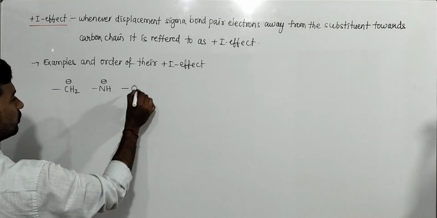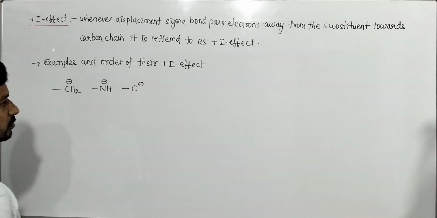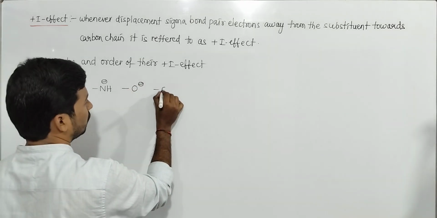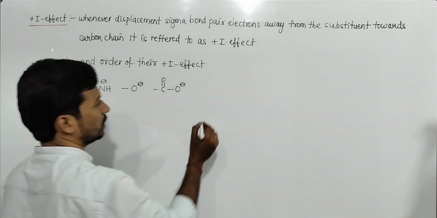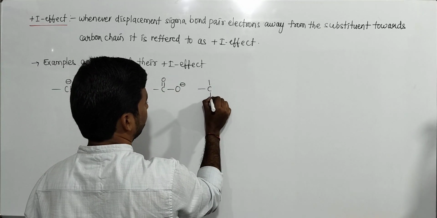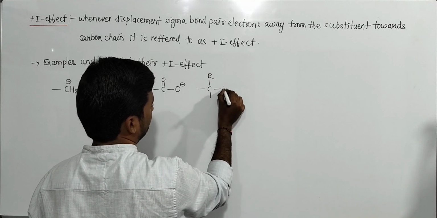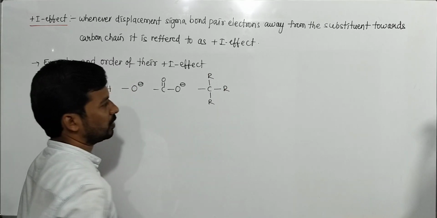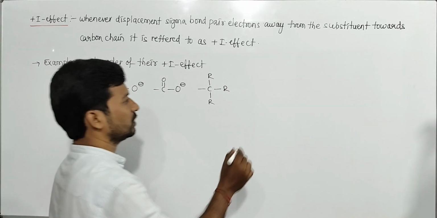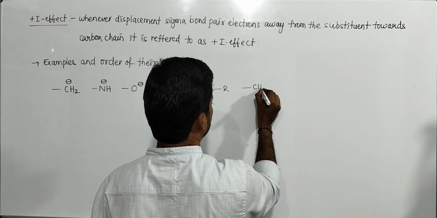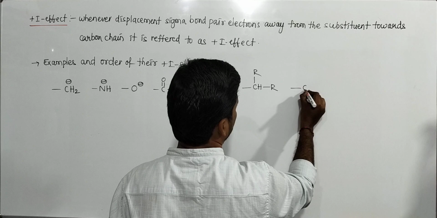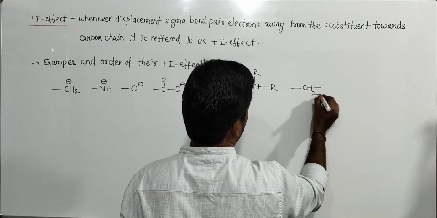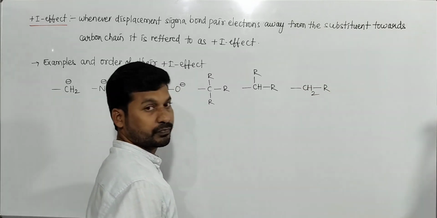After that, O minus also pushes electrons. After that, COO minus also pushes electrons. After that, tertiary alkyl group pushes electrons. After that, secondary alkyl group, then primary alkyl group.